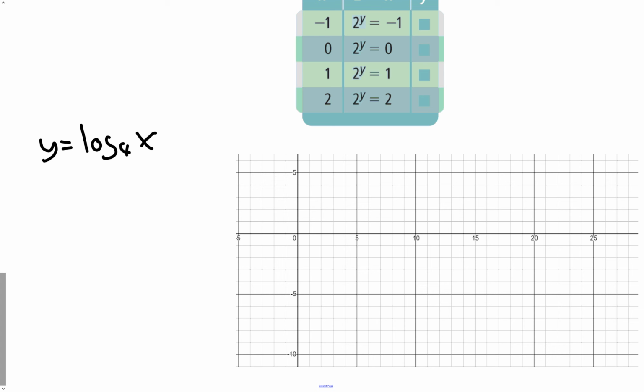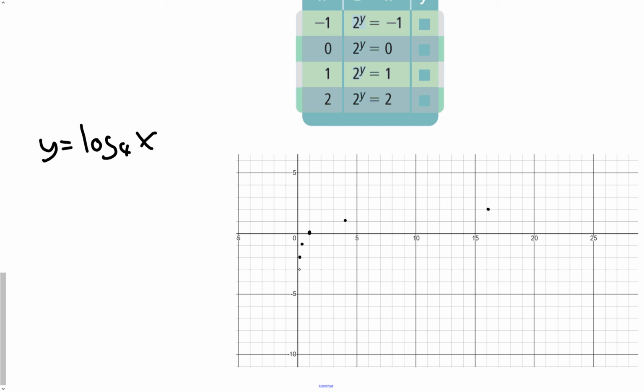So if x is 1, the exponent is 0. 4 to the 0 power is equal to 1. If x is 4, the exponent is 1. 16 would be 2. And then 64, which is way off of here, is 3. And a quarter would be negative 1.